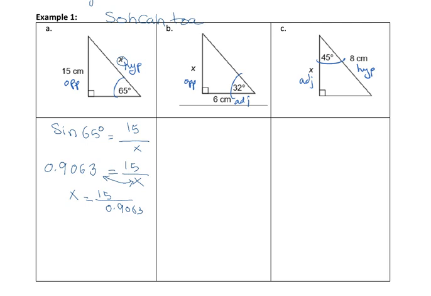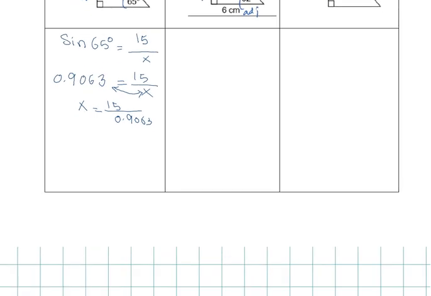And when you get 15 divided by 0.9063, what do you get? 16.55. Yeah. Okay. Because I'm looking for a side length, it has to be to one decimal place. So I write it as 16.6. And it's going to be in centimeters because that's a side length.